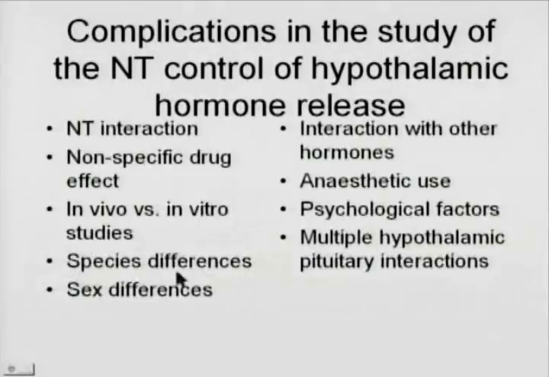There are many species differences. There are sex differences. We already mentioned the female HPG axis obviously being very different than the male. Interaction, but that's not the only example. Interaction with other hormones, anesthetic use, psychological factors, and multiple hypothalamic pituitary interactions.